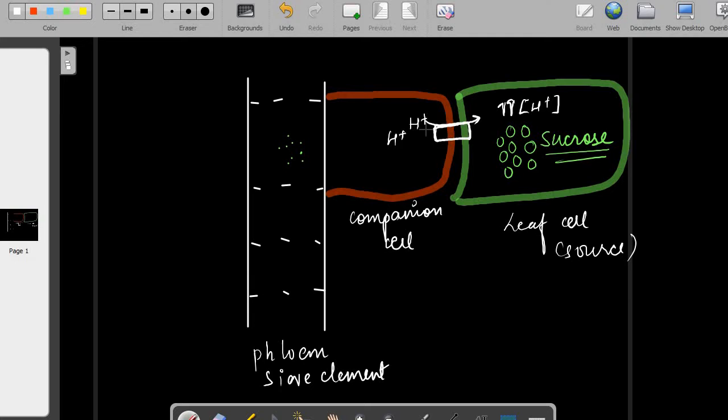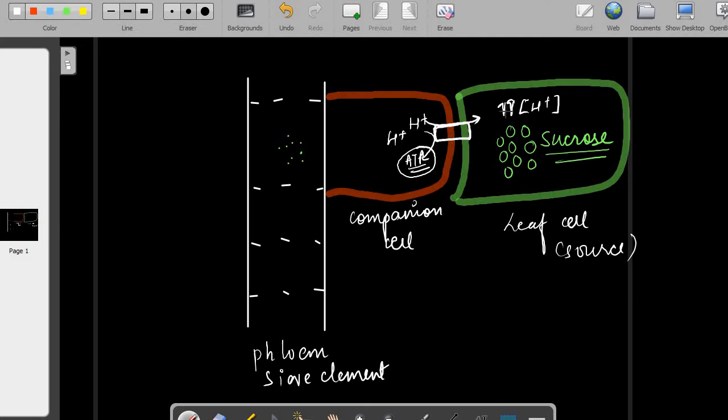So first of all, here ATP was used. Why? Because the H plus was moved against the concentration gradient. Active loading is done right here. Active loading means H plus were moved against the concentration gradient using ATP, increasing the concentration there.